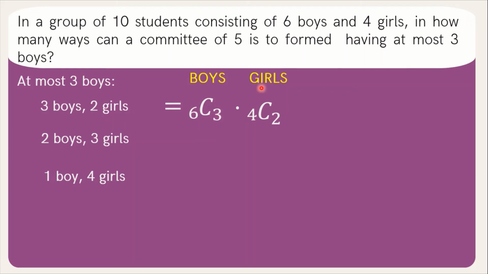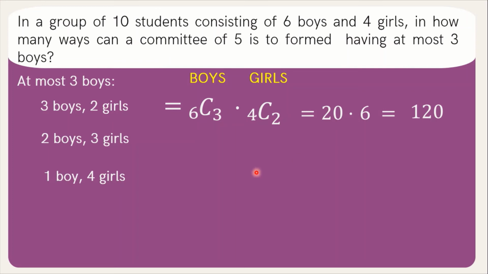At ang 2 girls, kukunin natin doon sa 4 na given. So, we have combination of 4 taken 2. Now, simplify natin or solve natin yung kada combination. So, ang combination of 6 taken 3 is equal to 20. And combination of 4 taken 2 is equal to 6. So, 20 times 6, katulad ng ginawa natin sa previous example. So, the answer is 120.